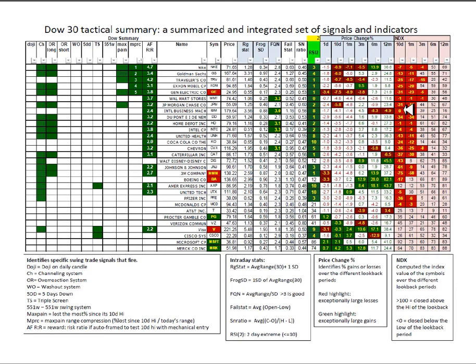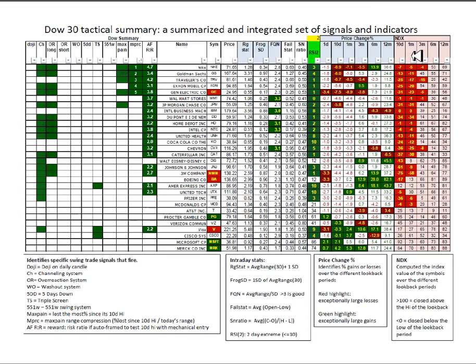Those that are 0 or below are going to be exceptionally oversold according to the NDX. And so we highlight those as a way to bring our attention to an extreme move. And if any of these had been over 100, then they would have been color-coded green, the same shade that you see in some of these other sections.